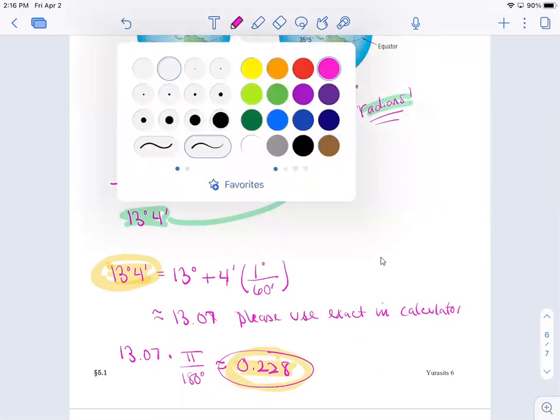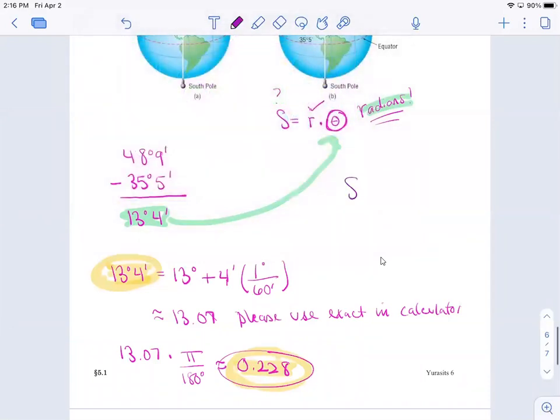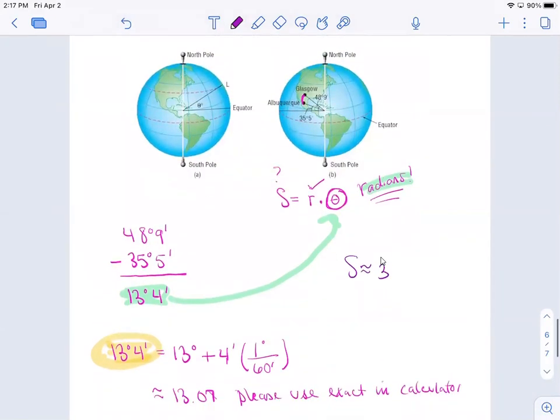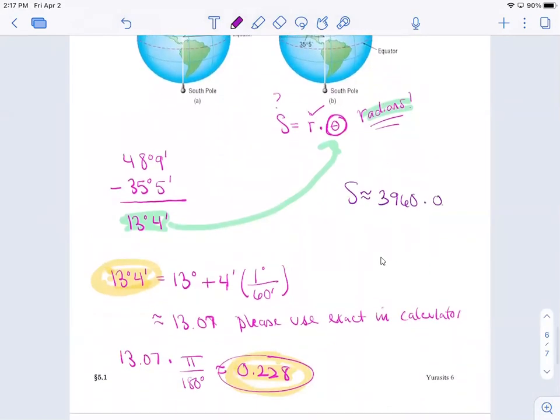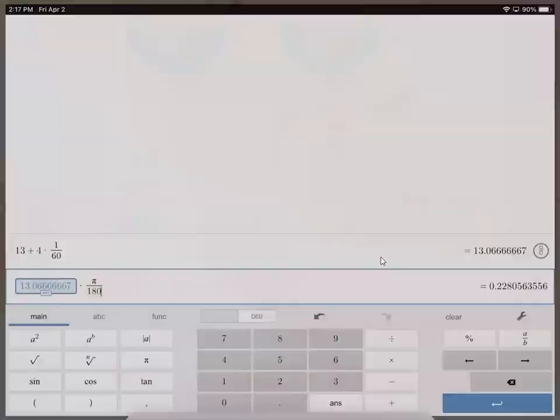I'm going to change colors. So I get arc length equals the radius, 3,960 miles, times what we found the angle between the two cities to be. But in my calculator, I'm going to use the entire answer.